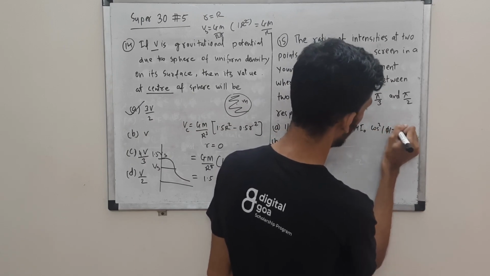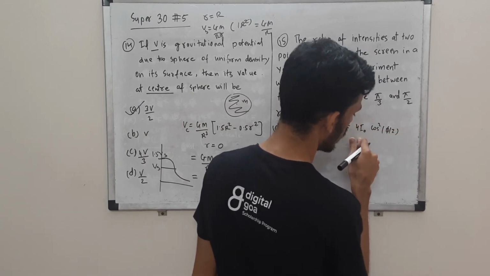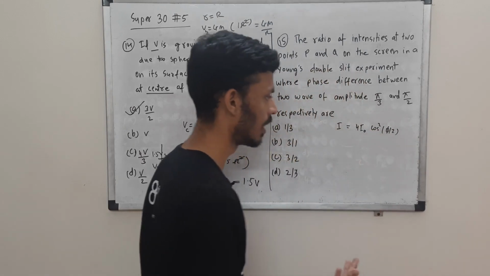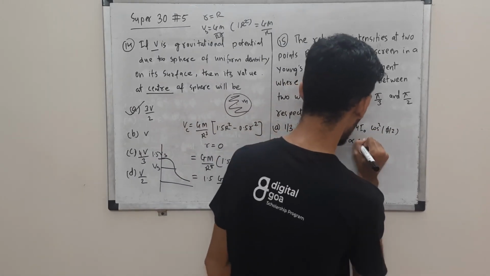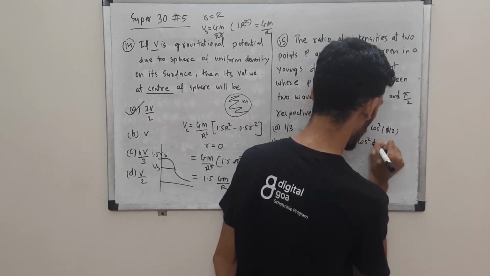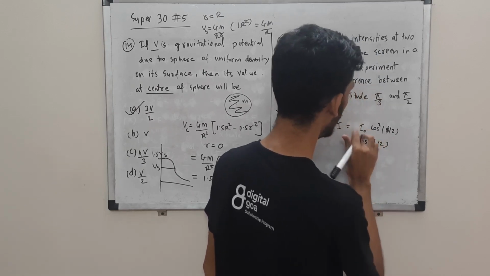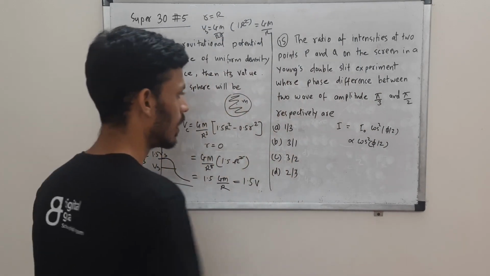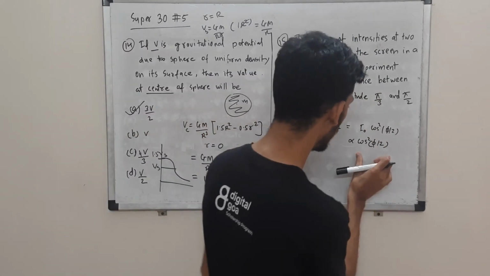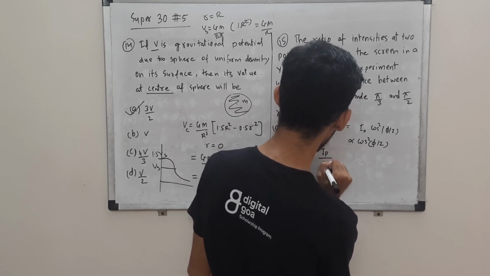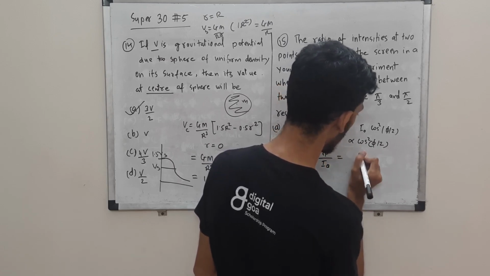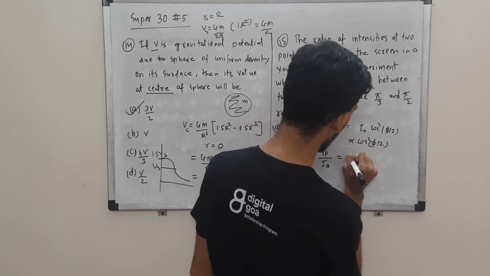If the intensity at each source is I0, the resultant maximum will be 4 I0, and in general it depends upon cos squared phi by 2. You need not worry about the constant. You can see that it depends upon cos squared, so IP by IQ you can find easily. This phi is the phase difference, which is given in the question.